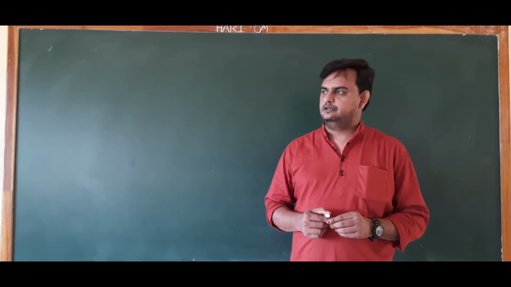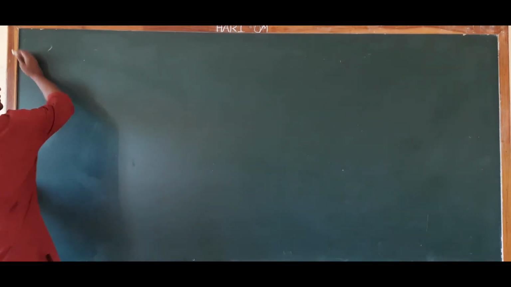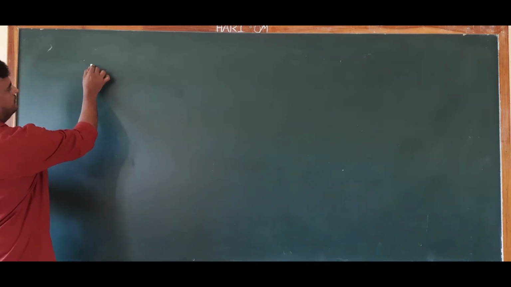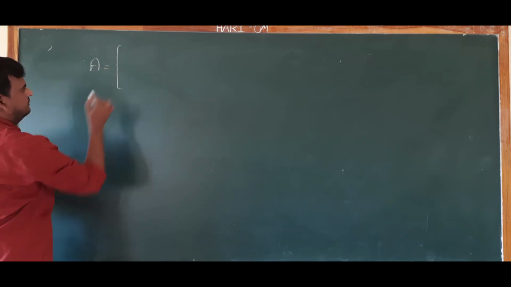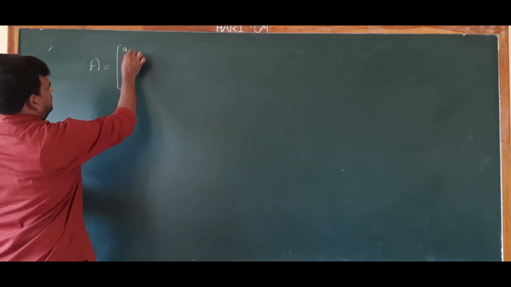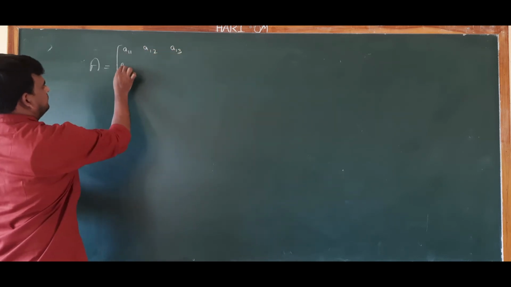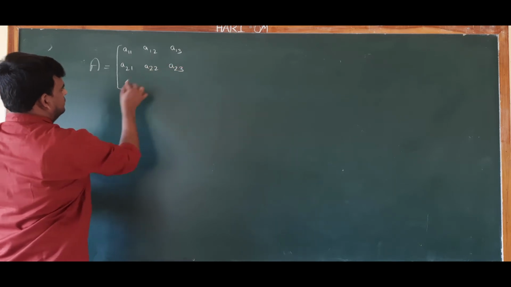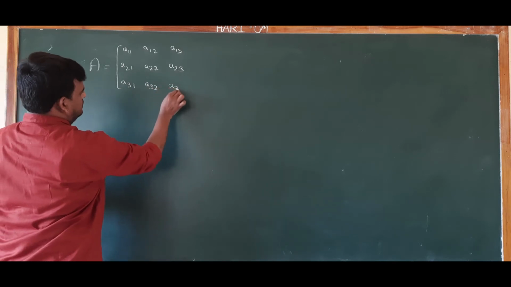Now let us see how to find the determinant for a square matrix of order 3. For example, here I have a matrix A: A11, A12, A13, A21, A22, A23, A31, A32, A33.